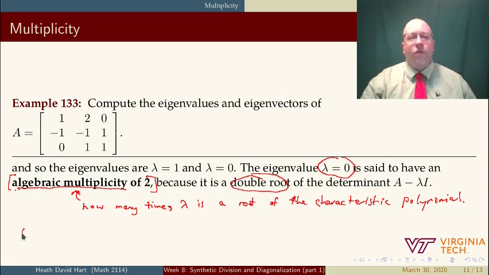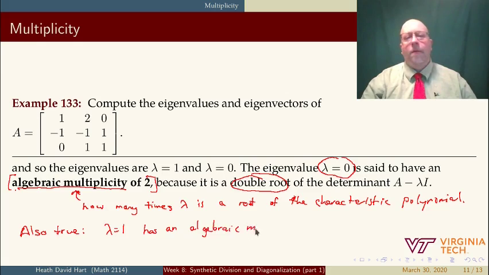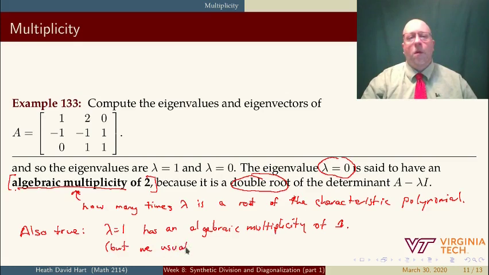It's also true that lambda equals 1 has an algebraic multiplicity of 1. Because it was a single root, but we normally talk about multiplicities that are greater than 1.